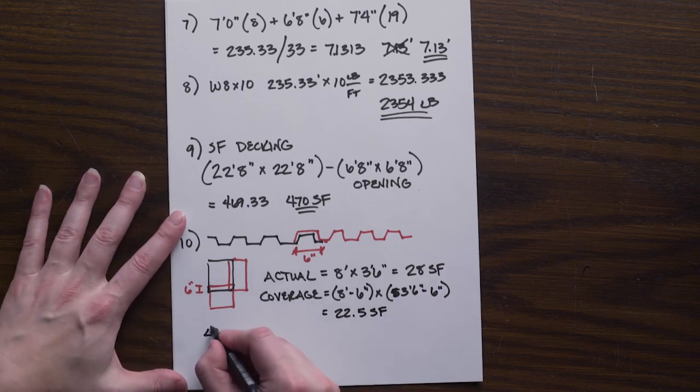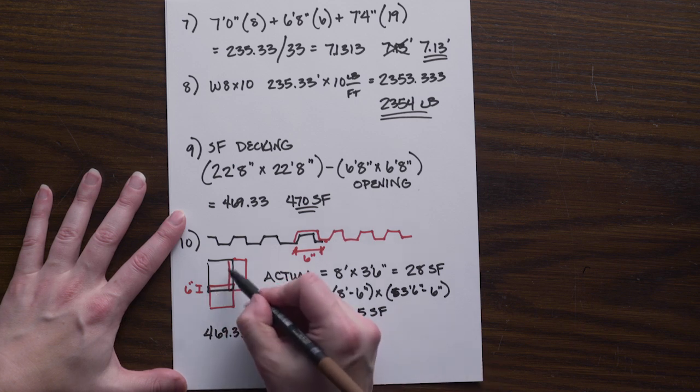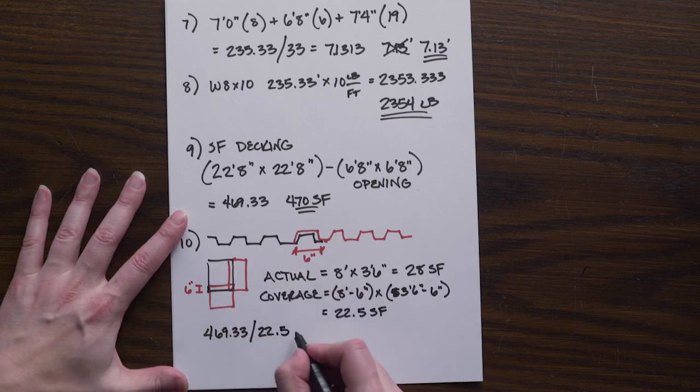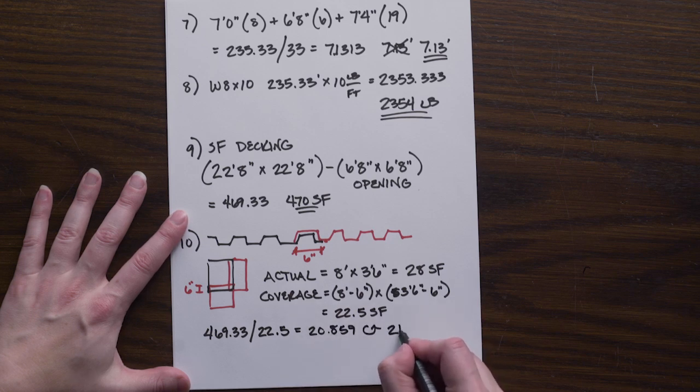So if we take our total square footage and divide it by the coverage square footage, it is the 22.5 square feet, because that is what is actually covered by our decking. We get 20.859. Round that up. We have 21 panels that we need to purchase.